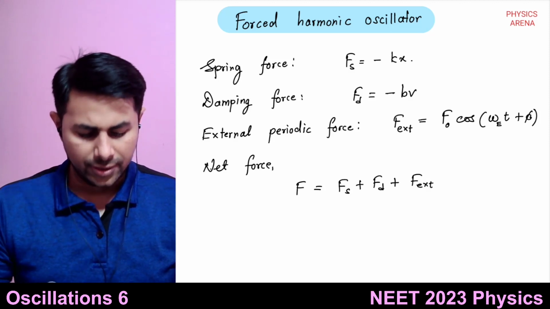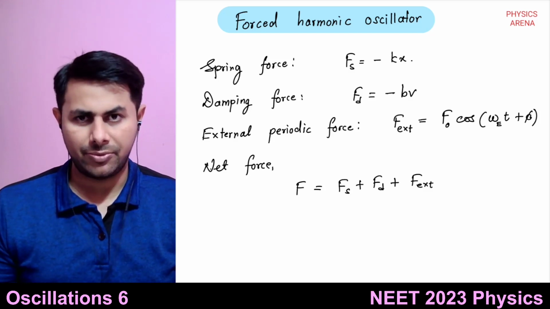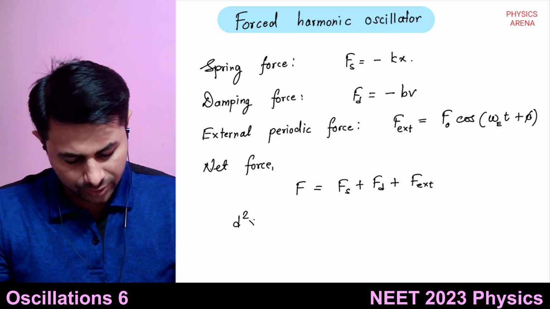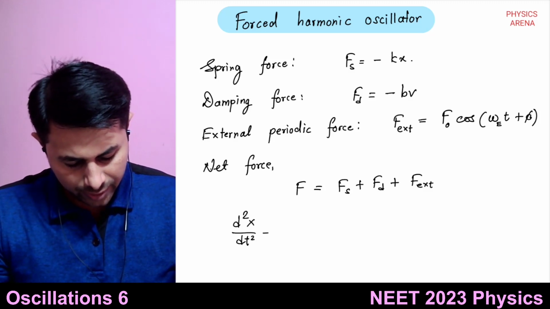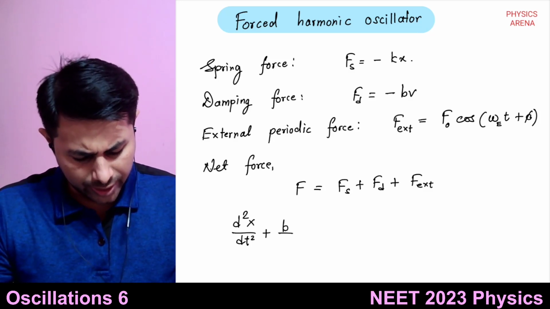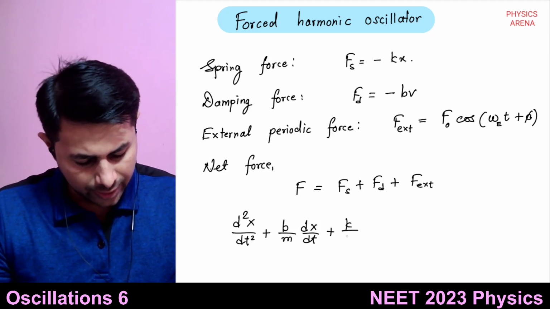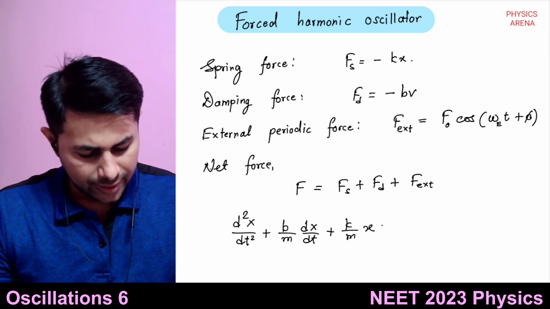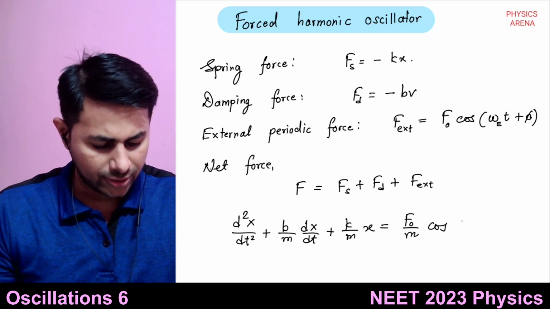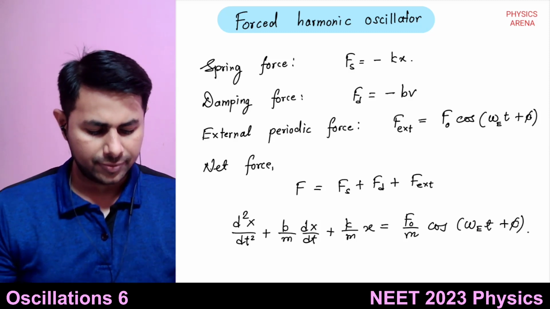Then, just like the previous case, we can write down the differential equation for this kind of motion: d2x by dt square plus b upon m multiplied by dx by dt plus k upon m multiplied by x is equal to f naught upon m multiplied by cos of omega e times t plus phi.